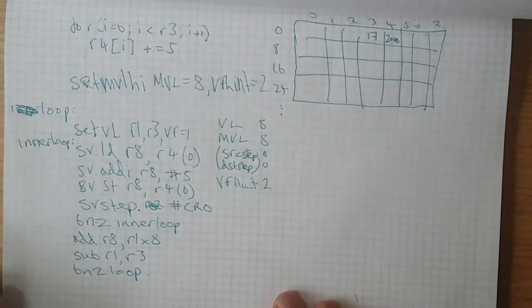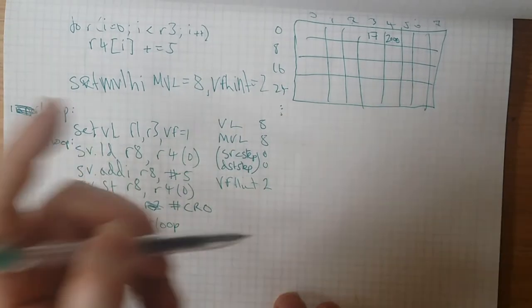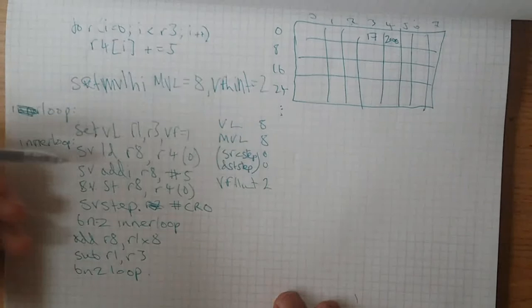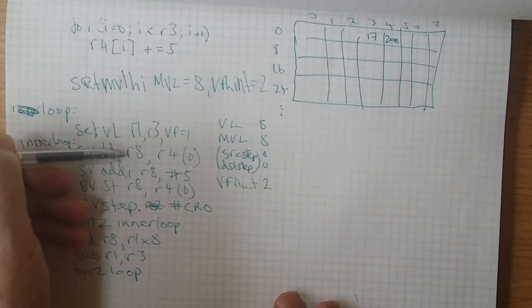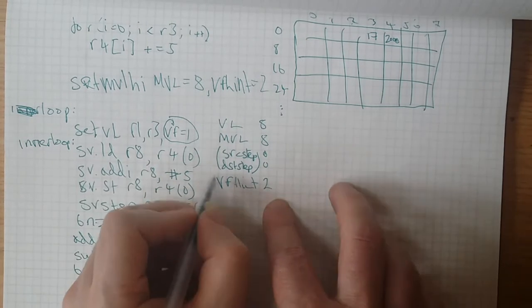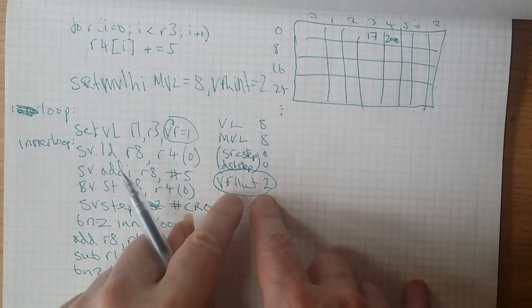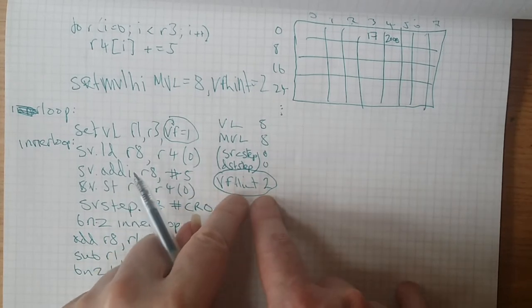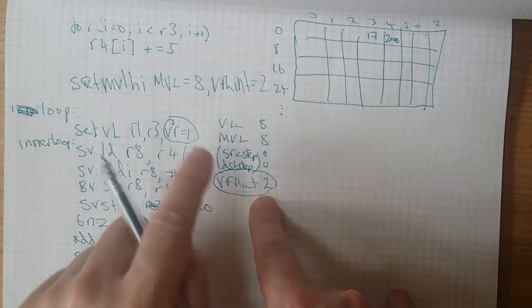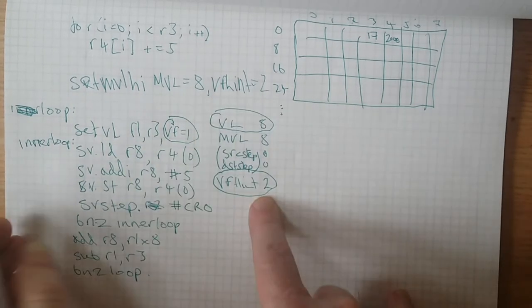Okay. Now, here's where the difference lies. When this instruction is executed, because we are in vertical first mode, and because VF hint has been set to 2, only 2 elements get executed, not the entire 8, despite the fact that VL equals 8.